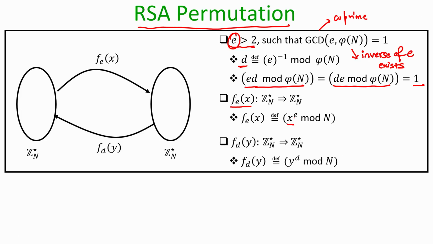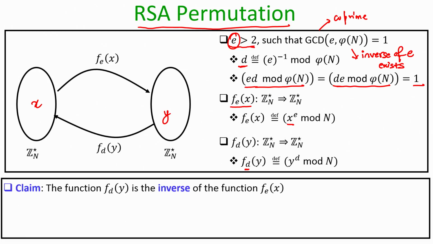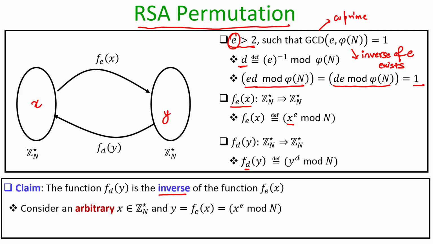Whereas, if you want to go back from an element y, then you operate with d, and to compute the inverse of y, we basically compute y to the power d modulo n. And again, we can prove that the function f sub d is the inverse of the function f sub e. How can we prove that?